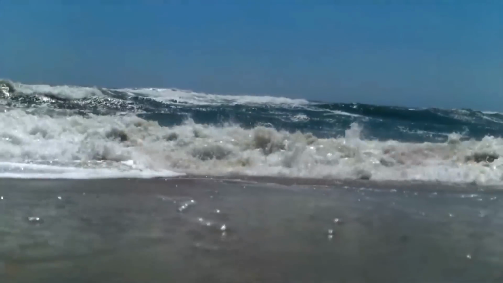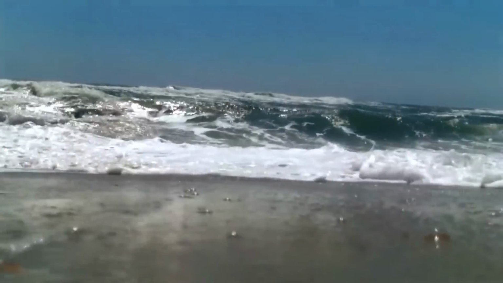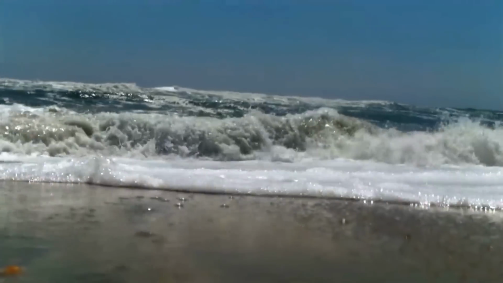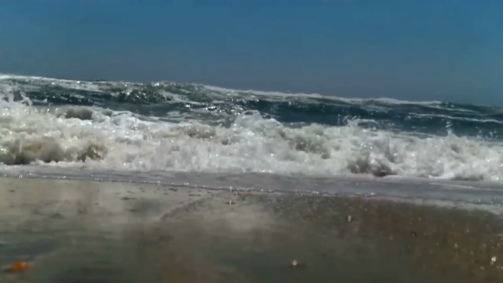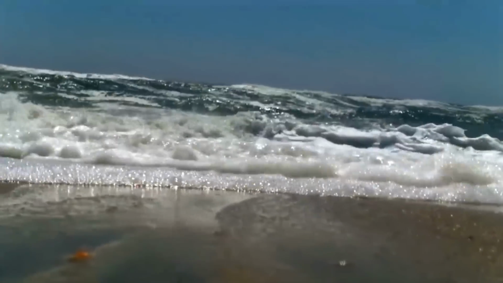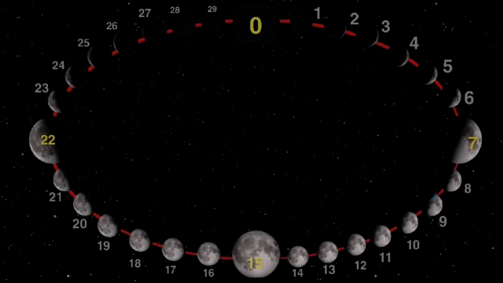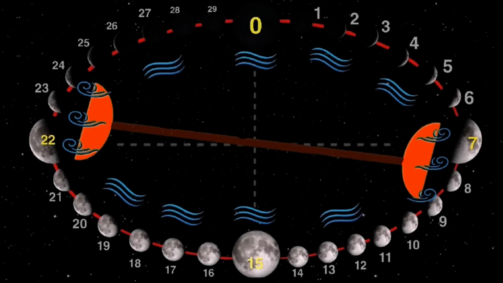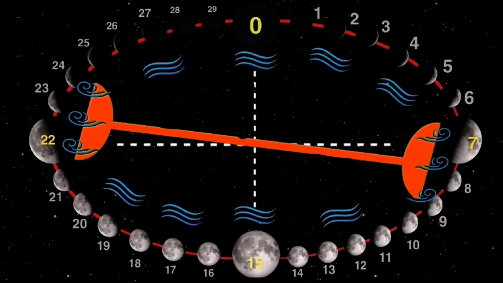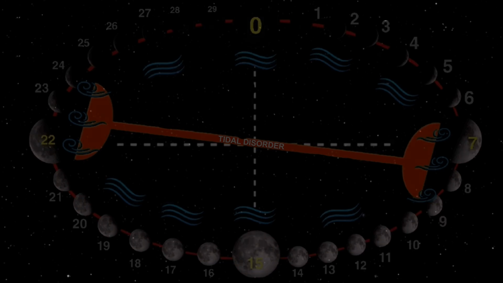In this case, we may have zero influence and the phenomenon may not be observed for a day or two. The periods of this disorder are observed twice in a lunar month and last for a period of 3 days. The first period of disorder includes the 7th, 8th, and 9th lunar days, while the second, the 22nd, 23rd, and 24th.